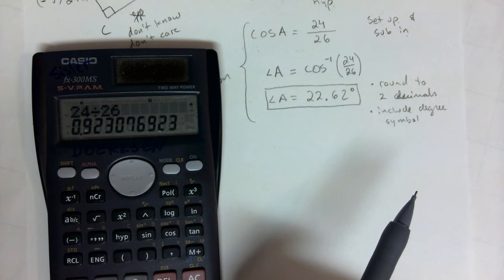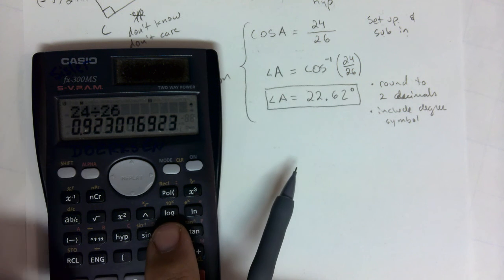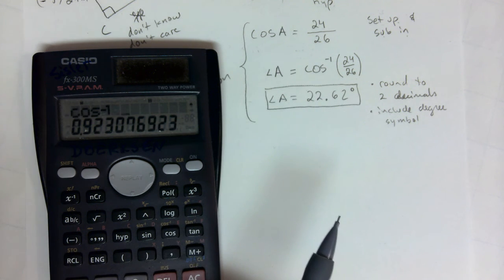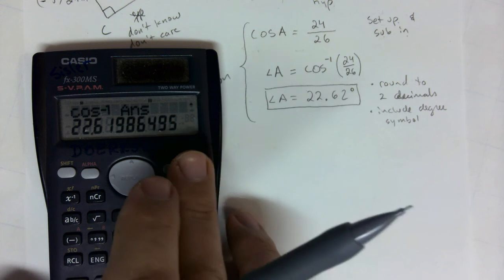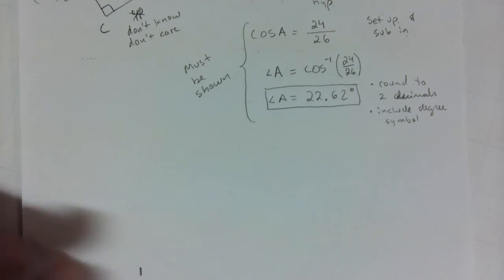You leave that on your screen and then you go shift cosine equals. It will take the inverse of the decimal you have and it works the same way. Okay, so you have to figure out how your calculator works for you. If it's not working, let me know. I can help you.